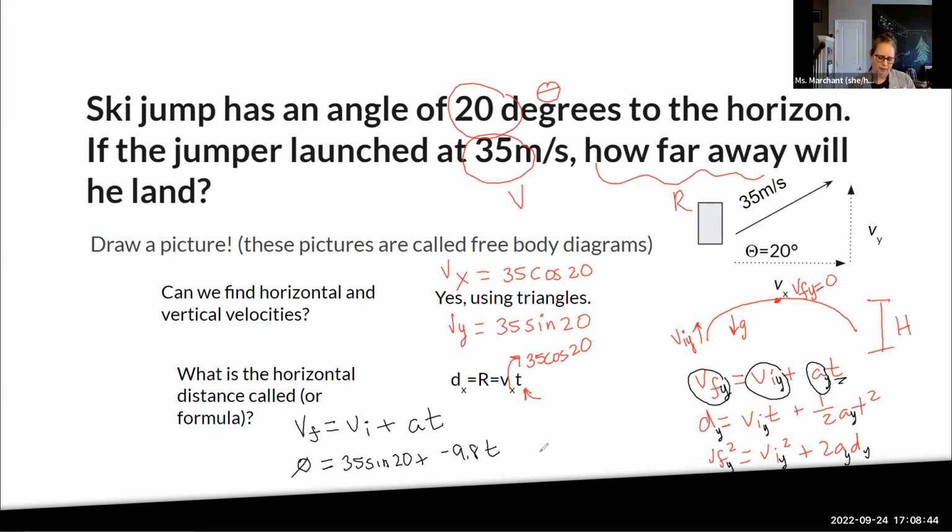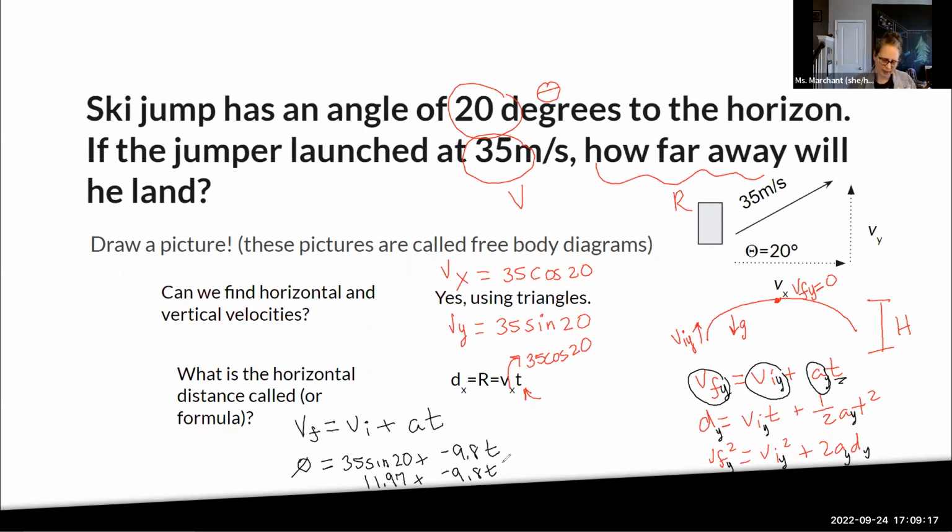Okay, so 35 times sine of 20 gives me 11.97, plus a negative 9.8t.